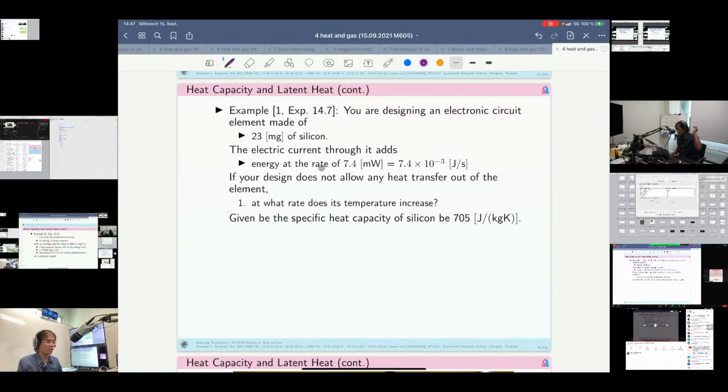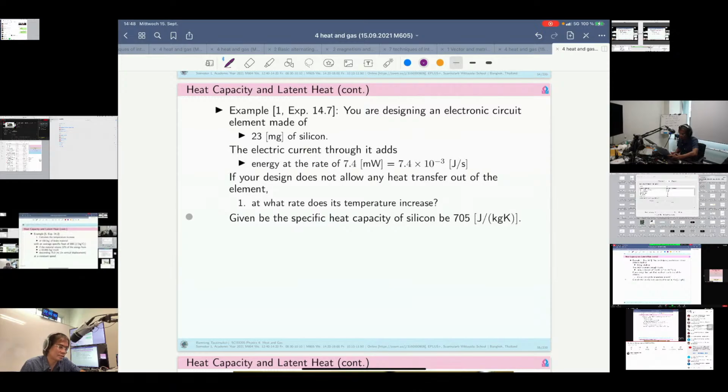We pass the current into that part of the circuit, and there is an energy increasing rate. The increasing rate of the energy is 7.4 milliwatts, or simply speaking 7.4 times 10 raised to -3 joule per second. What is joule per second?